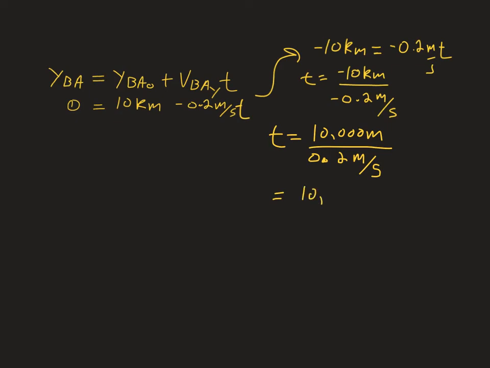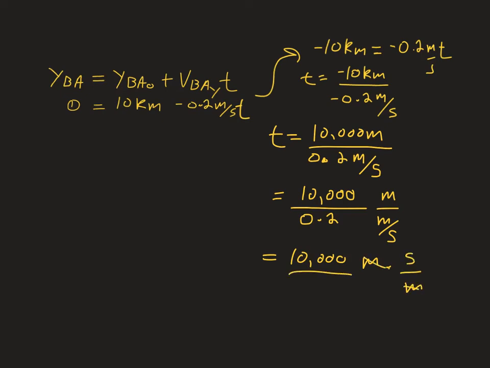That's going to be 10,000 divided by 0.2. And then we're going to have meters divided by meters per second, so that's meters times the reciprocal of the bottom, second per meter. Oh, and I forgot my 0.2. So that's going to be 50,000 seconds.